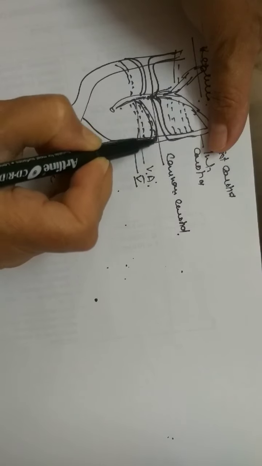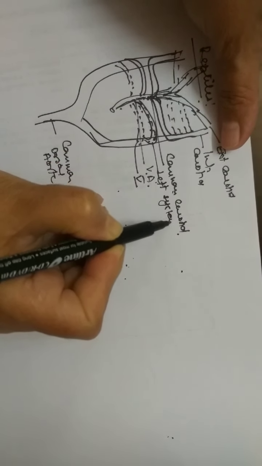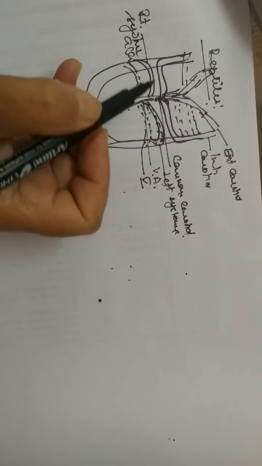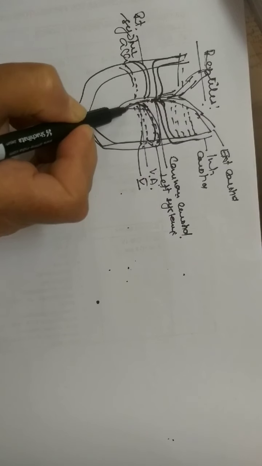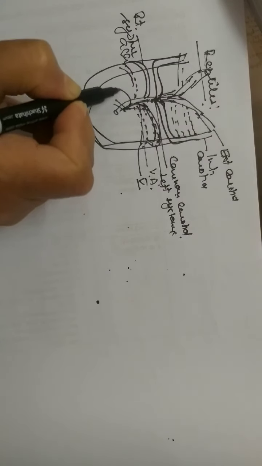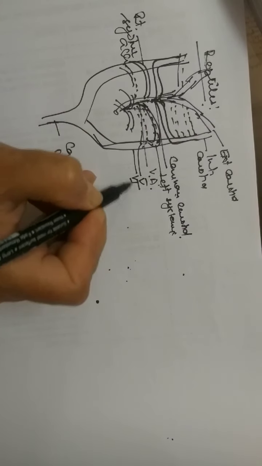So it would be left systemic arch and right systemic arch, and the sixth one is the pulmonary aorta. So this one is the pulmonary aorta, actually being derived from the sixth one.